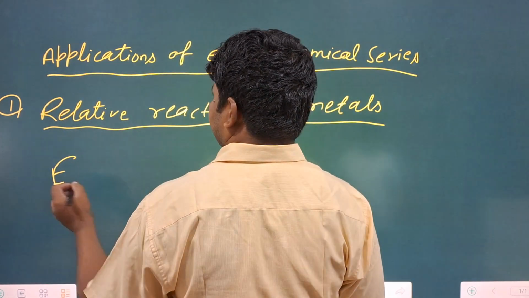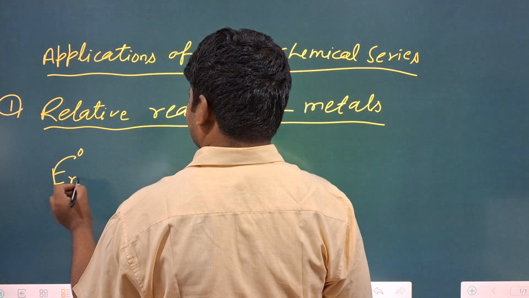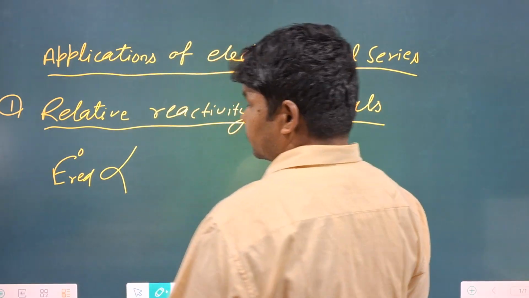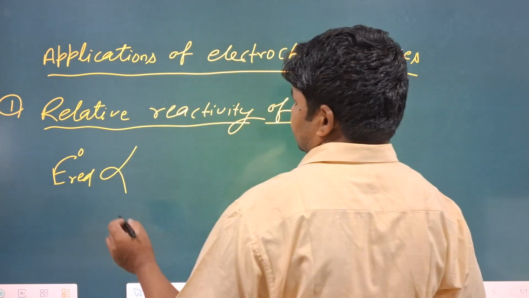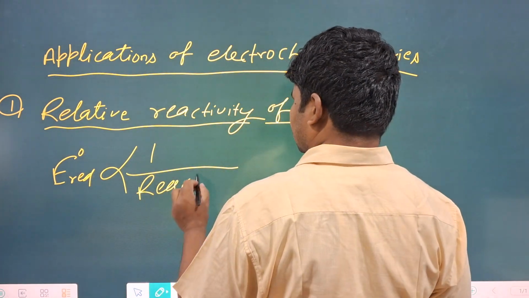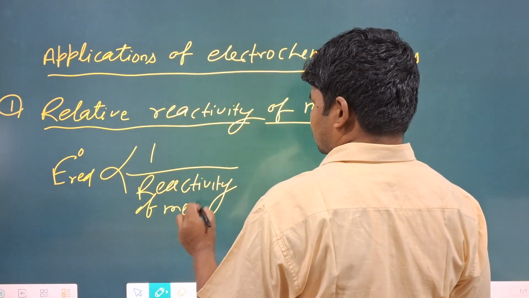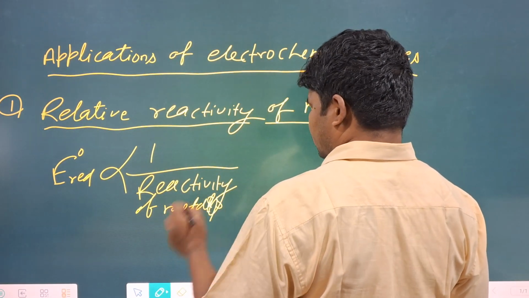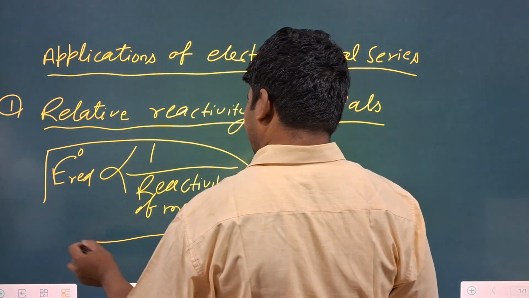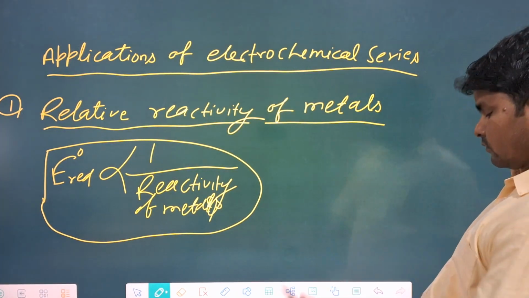You have to learn a formula: if the value of standard reduction potential increases, then the reactivity of metals decreases. Standard reduction potential and the reactivity of metals are inversely proportional to each other.